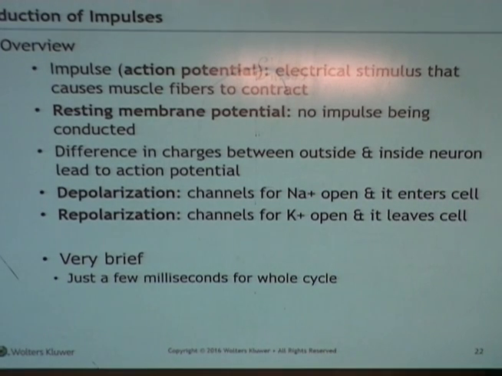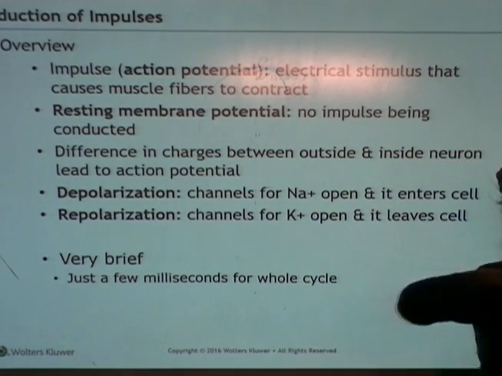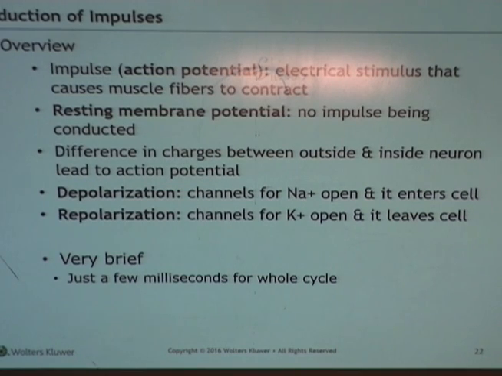So the difference in the charges leads to the action potential, and the way that we get a change in the balance here is by opening these little gateways. Okay? So when we depolarize the membrane, that means that the signal can move along the membrane.